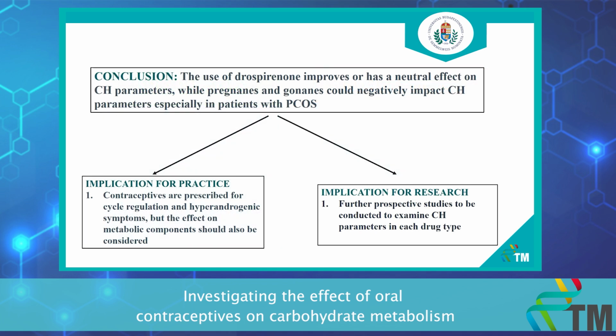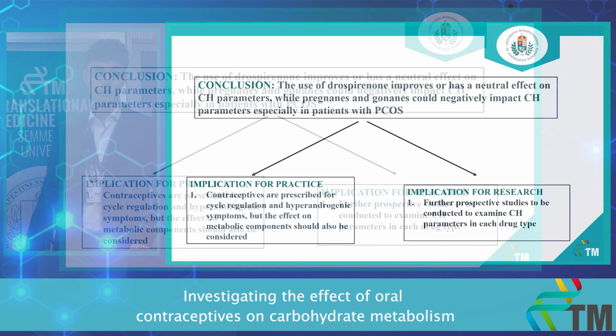Our conclusion would be that the use of drospirenone improves or has a neutral effect on carbohydrate parameters, while pregnenes and gonans could negatively impact carbohydrate parameters, especially in patients that have PCOS.